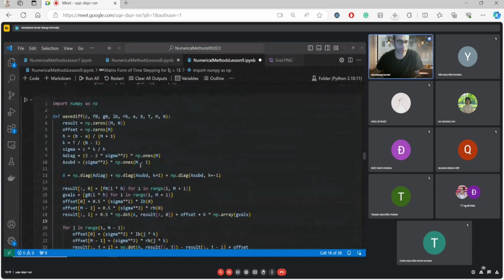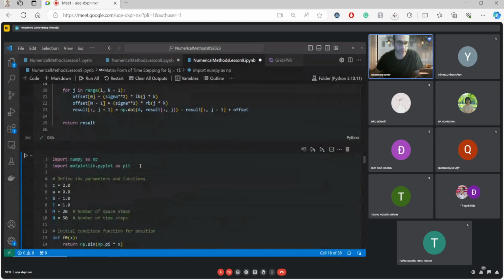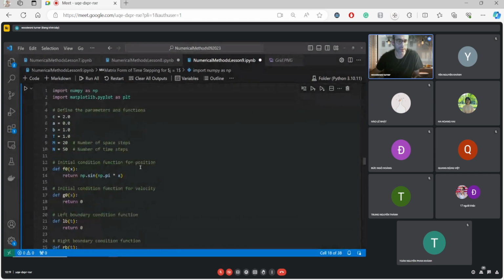I have my F0 and my G0, my initial condition functions, and a left boundary and a right boundary, which are my boundary functions. I have the range of my interval A and B, a time parameter T, and the size of my matrix, how many X values and how many T values I have. Those are all the inputs for this wave differential equation function.